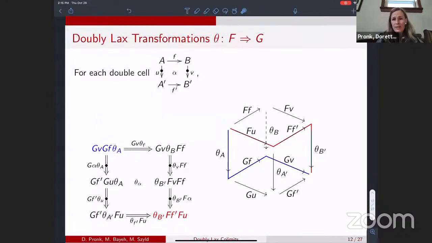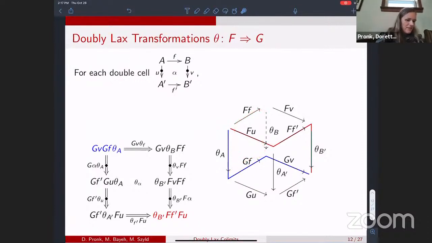So what does a doubly lax transformation look like? Well, for each object A, I need to give you a double functor. For each horizontal arrow, I will be giving you a horizontal transformation that sits here. And, oh, wait, actually it was the one over there.